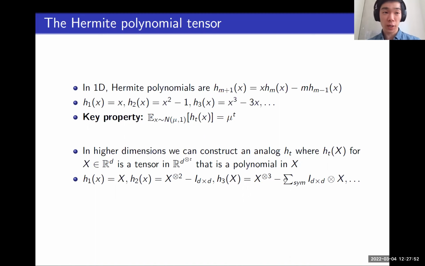Note the symmetric sum here: there are 3 ways to tensor x with the identity matrix, since you have to choose which of the 3 dimensions the x goes in, so the symmetric sum is over all ways to tensor the two things together. The main thing is that the analog of the key property above holds in higher dimensions as well: if I have a shifted Gaussian, N of mu i, then the expectation of the t-th Hermite polynomial is mu to the t, where it's a t-dimensional tensor.